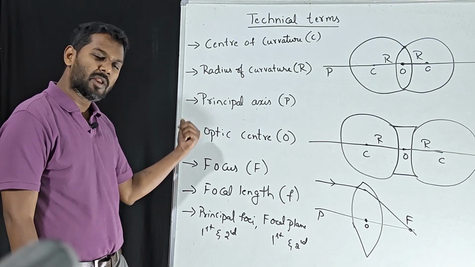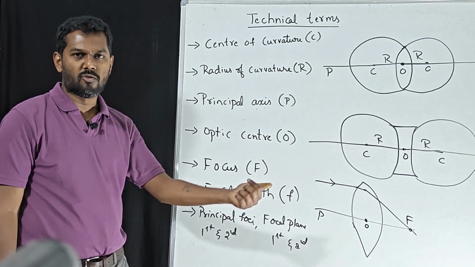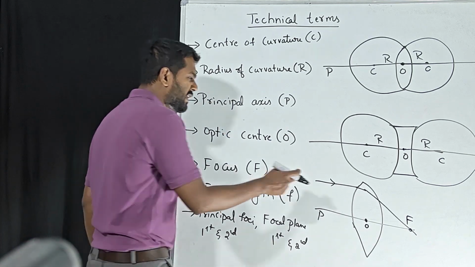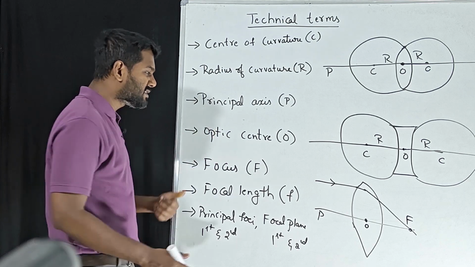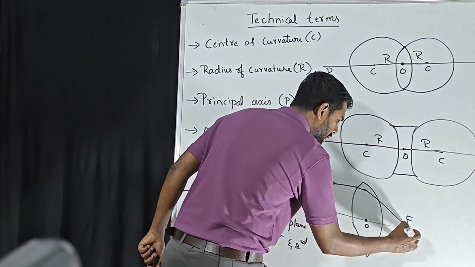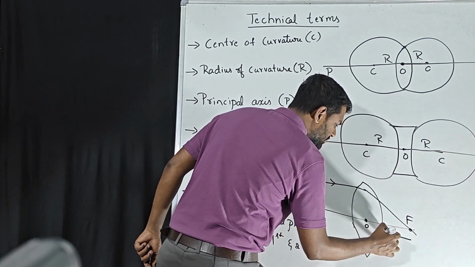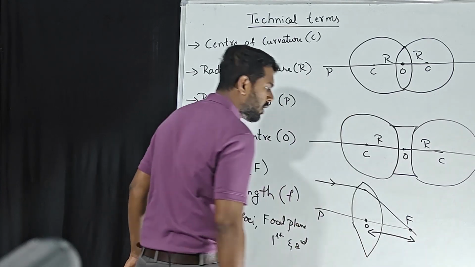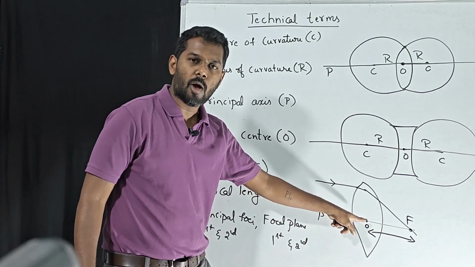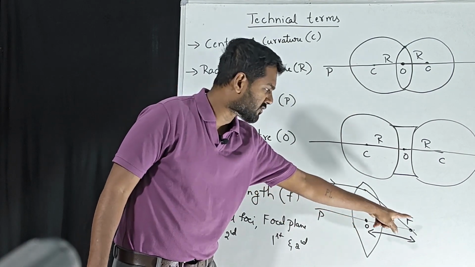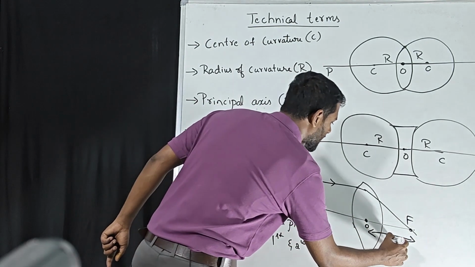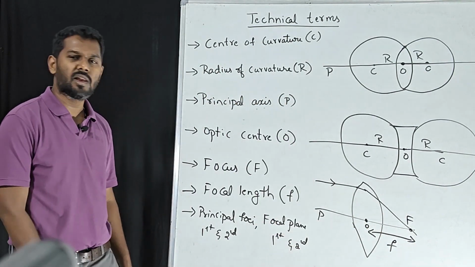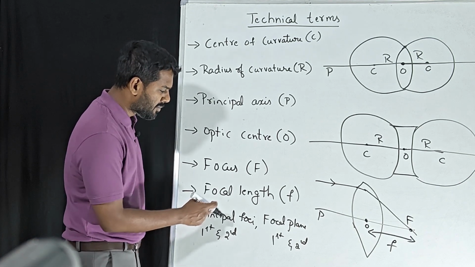That is called the principal focus or focus, anything is fine. Next, focal length: the distance from the focus to the optic center of the lens is considered the focal length.